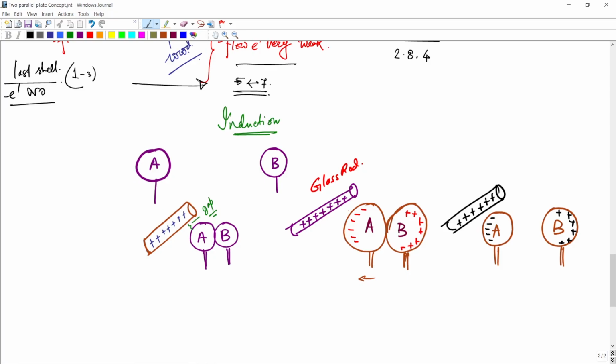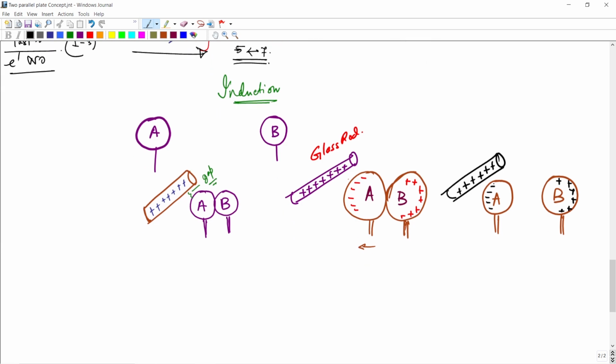Now we remove the glass rod. Next step is we remove that glass rod.